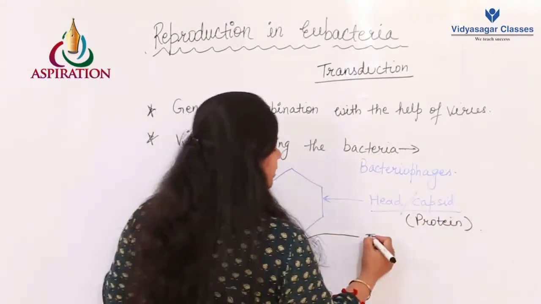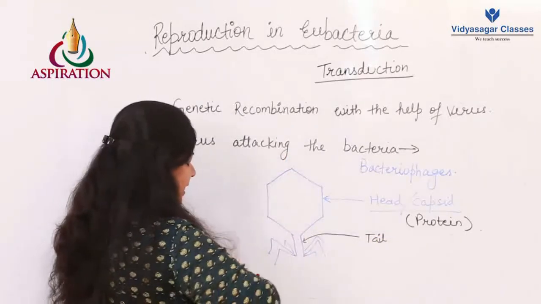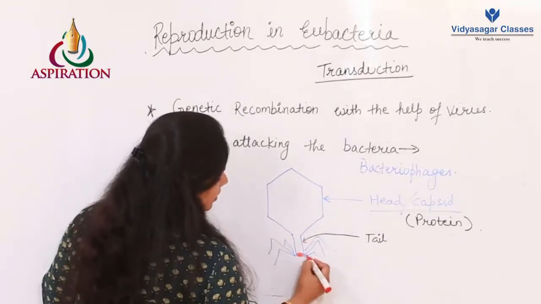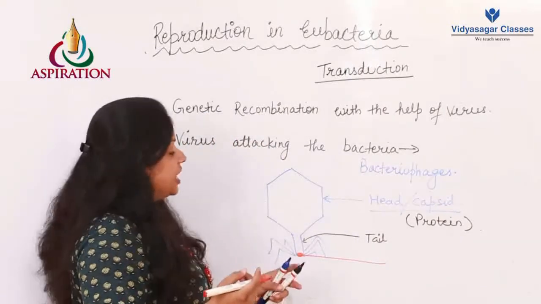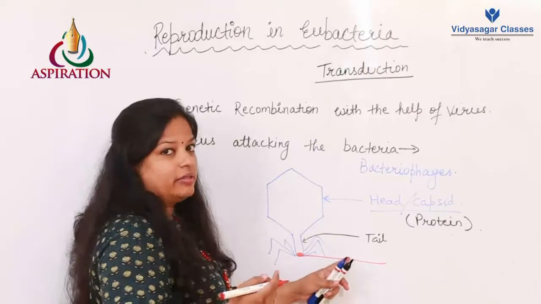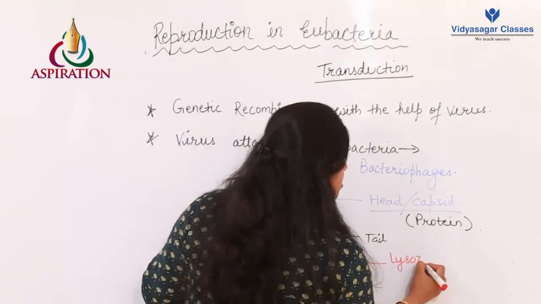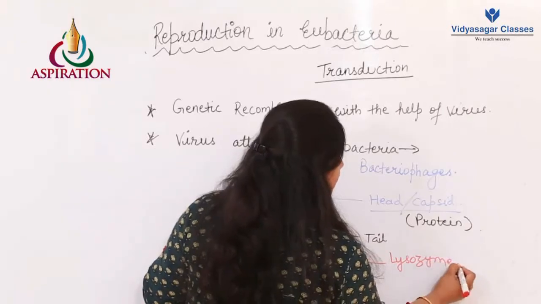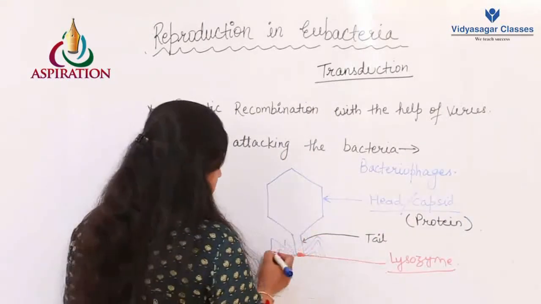This is the tail. At the end of the tail, an enzyme is present which degrades the bacterial cell wall. This enzyme is lysozyme. These are the tail fibers.